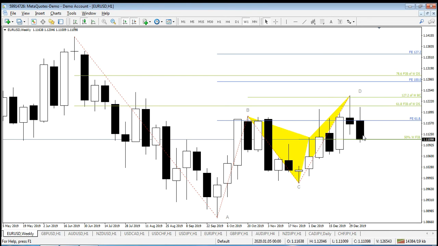All right. The second thing is the D point is very near to the 61.8% retracement resistance level of this move down from this point to this point, and the market closed below this 61.8 last week. So this is going to make something like a bigger Gartley pattern on this weekly time frame.